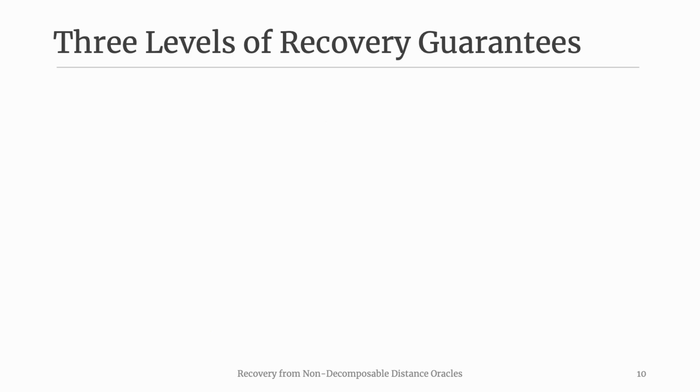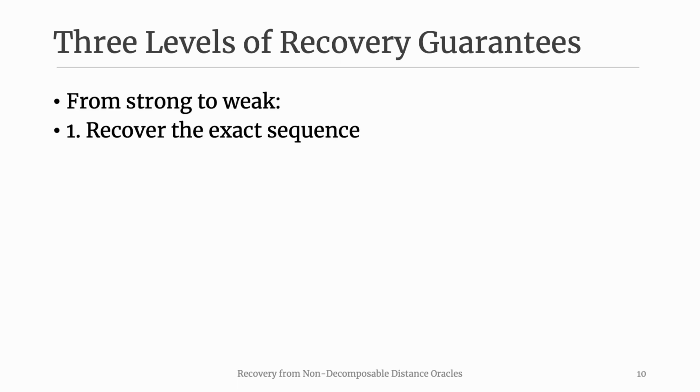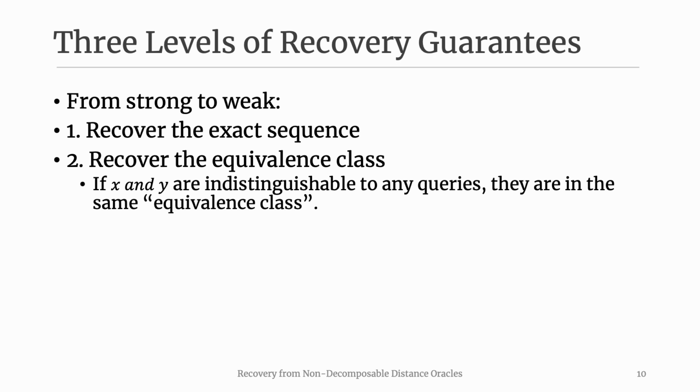By this interesting observation, we derive three levels of recovery guarantees. The strongest guarantee is to recover the exact input sequence. In cases where exact recovery is not possible, we categorize the input space into equivalence classes and look for algorithms to recover a sequence that is in the same equivalence class as the input sequence.